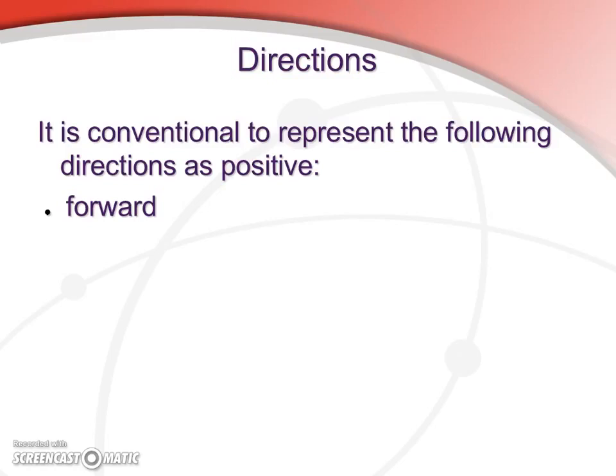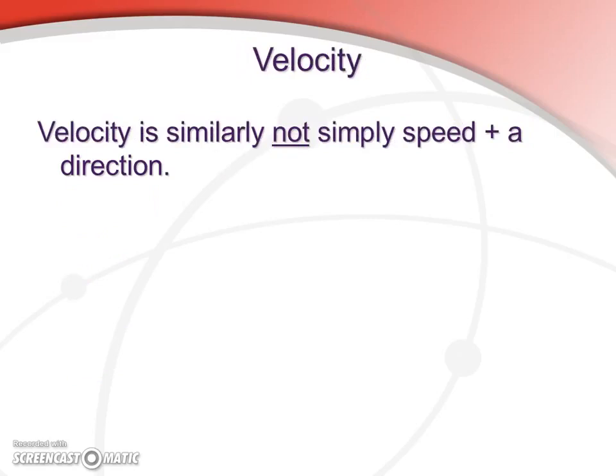But the convention is that forward is taken as positive usually, as well as right. Up is taken as positive, north and east are taken as positive. So that's the general convention. If you want to work in any other way, you probably want to carefully define it, and it needs to be for a reason.